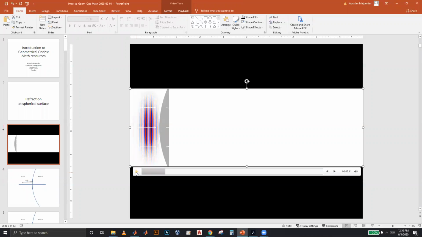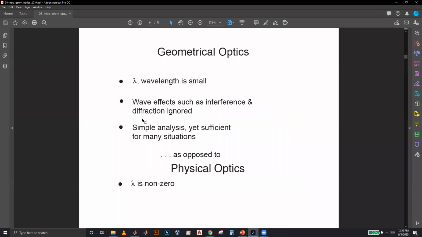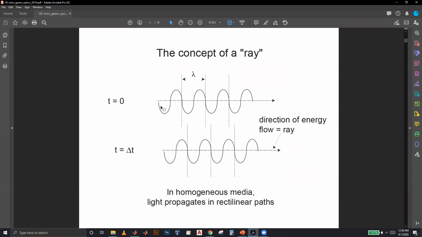If I pause over here, what you see is the light wave which is going toward the lens. Remember how in this slide, when we were talking about rays, this is actually what was drawn over here. You have this sinusoidal disturbance going from left to right, and all the points of equal phase, remember, if you draw planes through them, a perpendicular line through it is the ray.